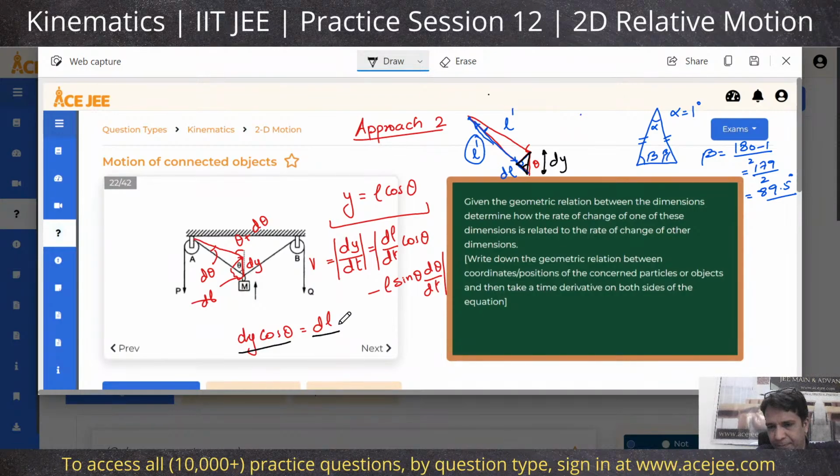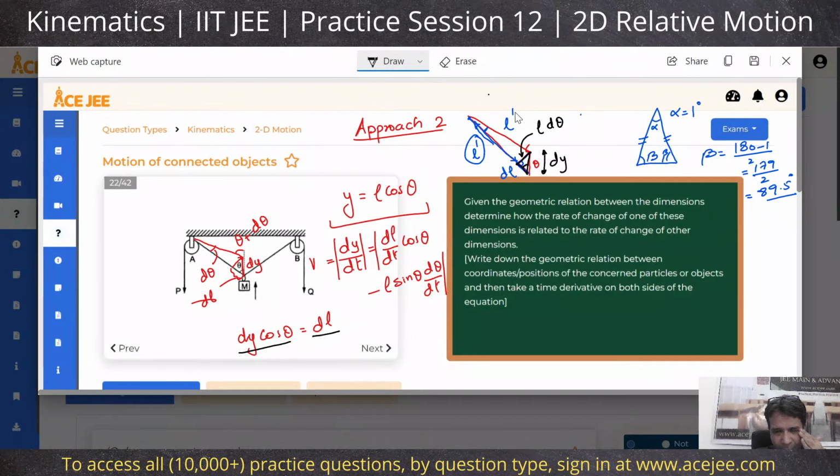Yes, Peter? Yes, sir. Okay. And what is this length? Can I say L d theta? Because L dash is very nearly L, because we are talking about differential changes.